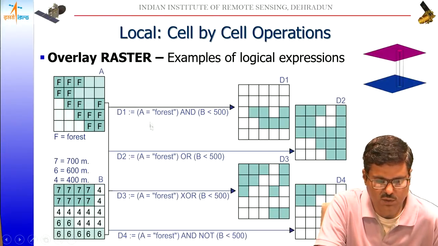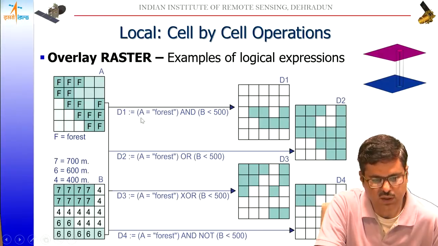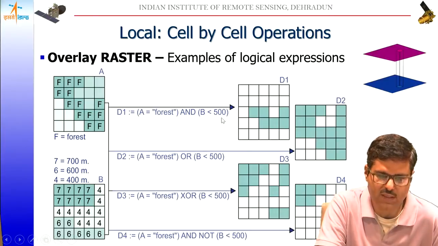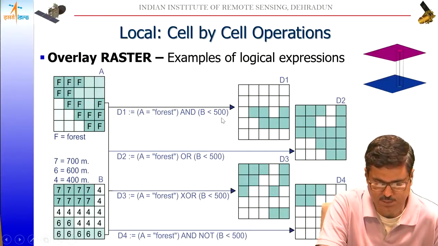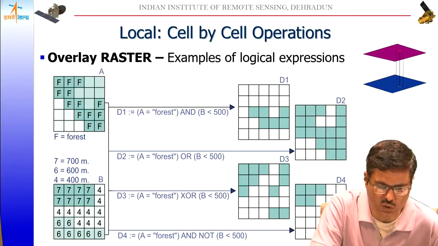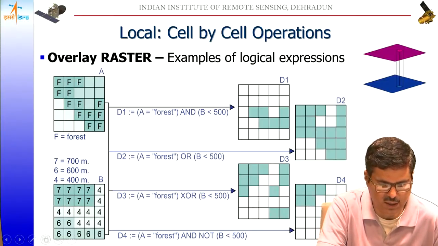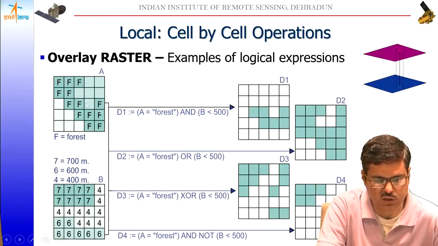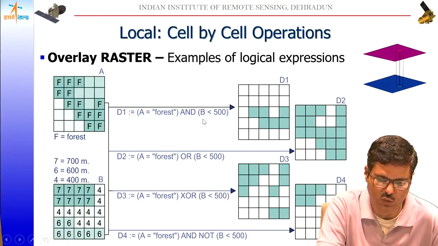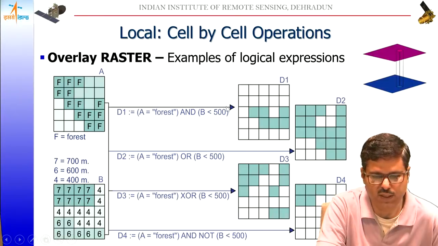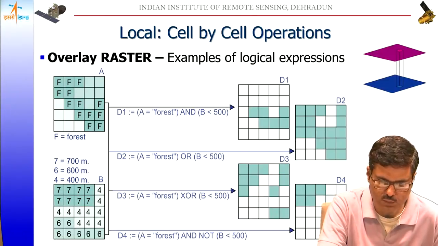Assuming that we want to find an area where the value is forest and the elevation is less than 500, we are looking for those regions in layer A and layer B where the region should be forest, and since we have put an AND, both conditions have to be true, and the elevation value should be less than 500.